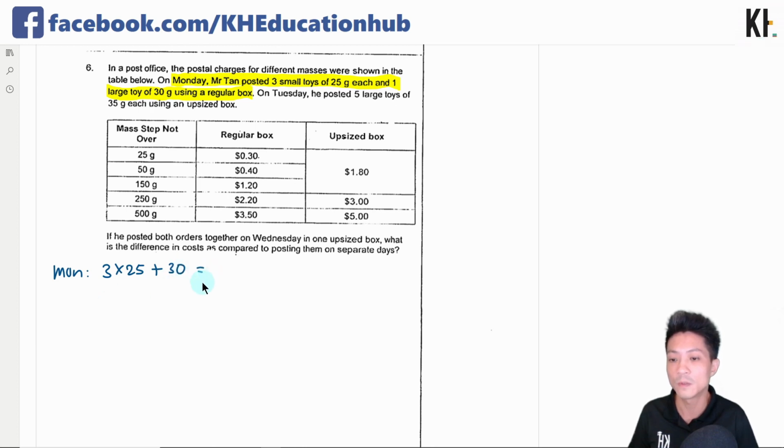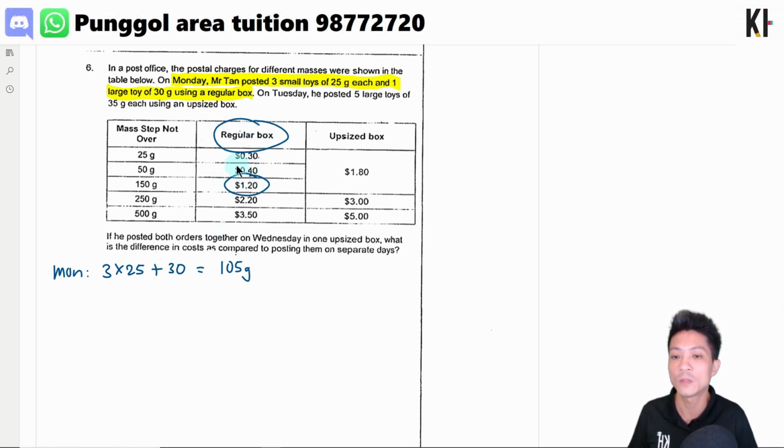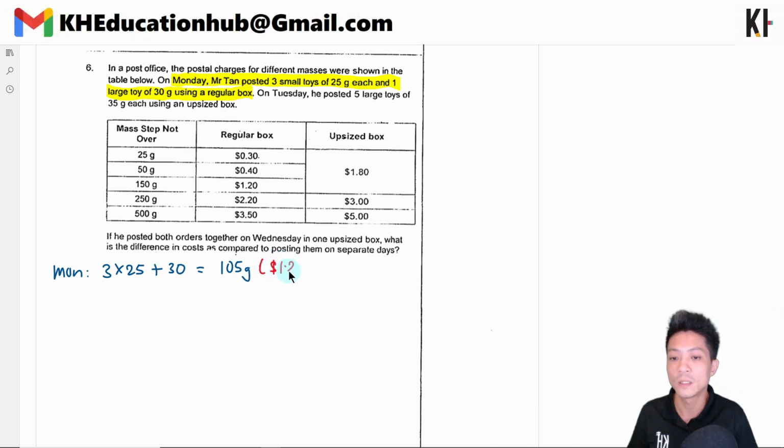That will give you 105 grams, right? For 105 grams, I will have to pay $1.20 for a regular sized box. So I'm going to write this as $1.20.